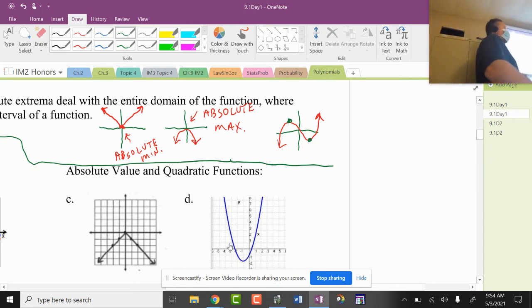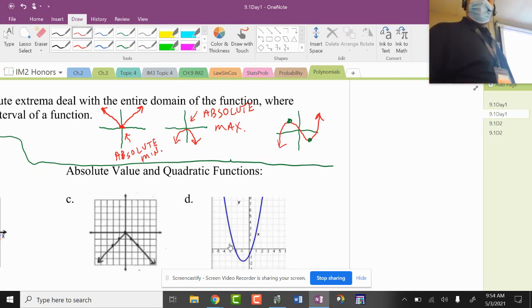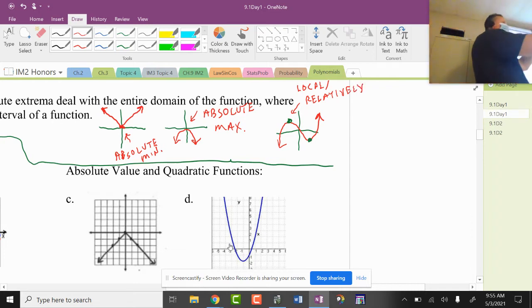But okay, so now notice this one. Is this absolutely the highest point of the whole graph? Yes or no? No. So that's a relative. What does relative mean? Or local. Use that term last hour. Local or relative. Relatively speaking, that's a condition. Relatively speaking, that limits it, and you're talking about just relative to this little scenario.